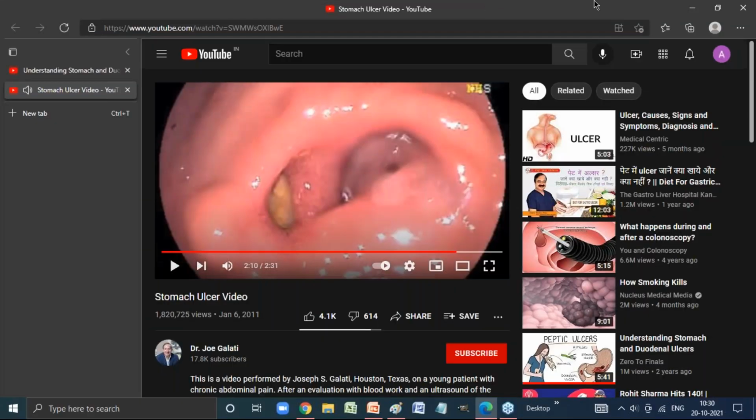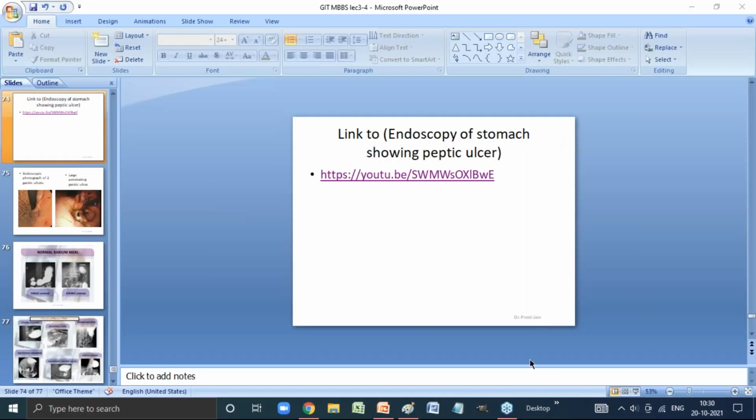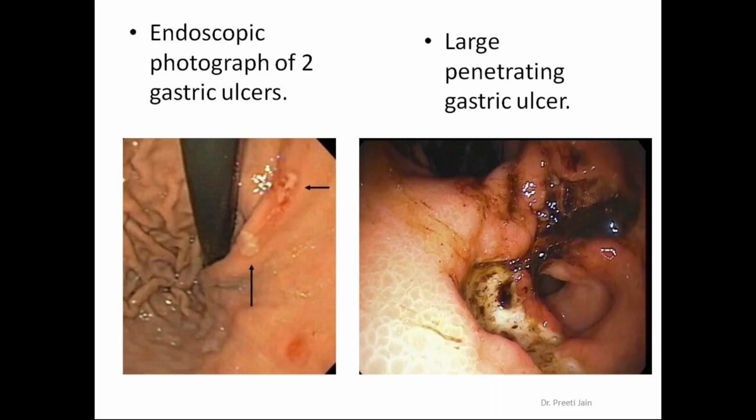Okay, so that is showing you how the endoscopic examination is done. So this is showing you the endoscopic picture of a gastric ulcer.